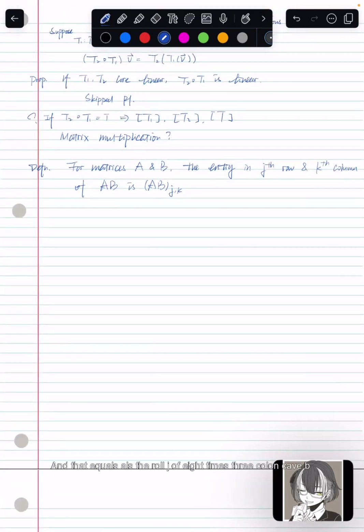And that equals the row J of A times column K of B.